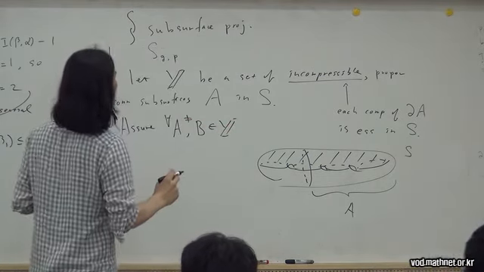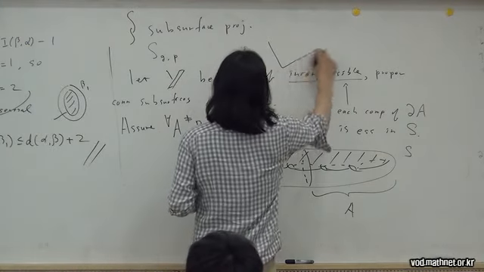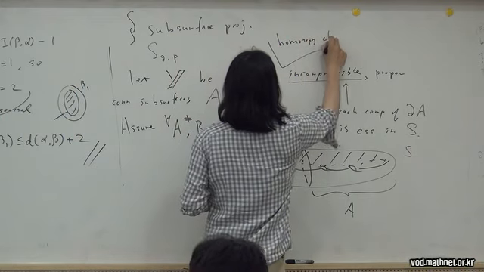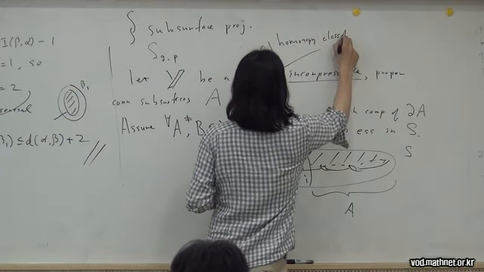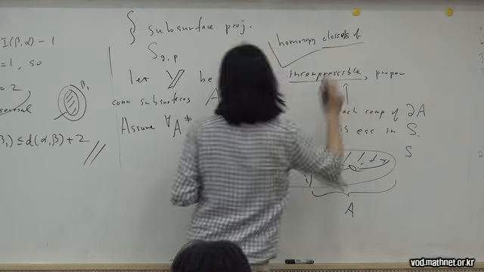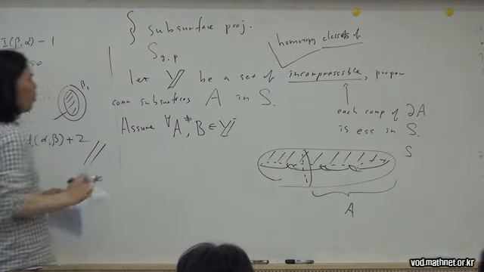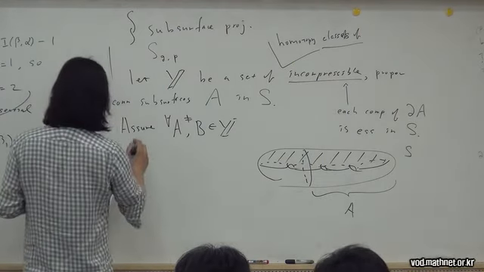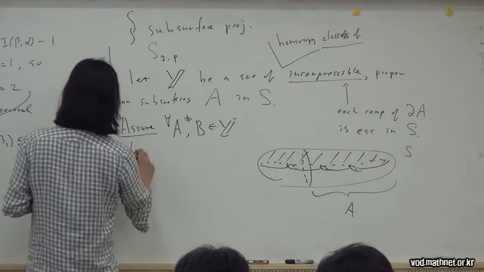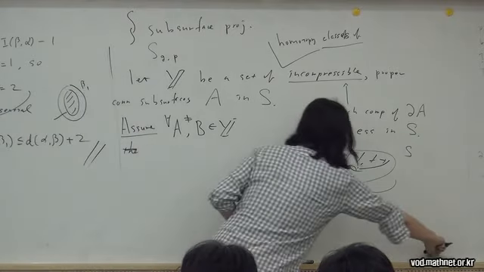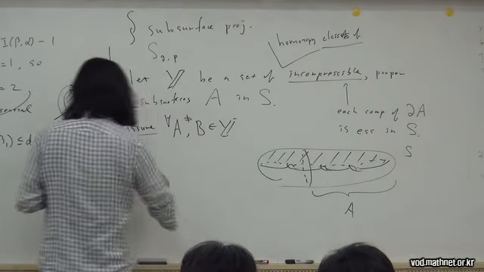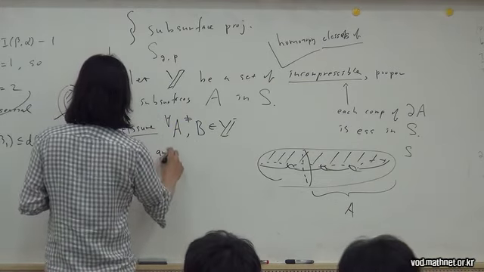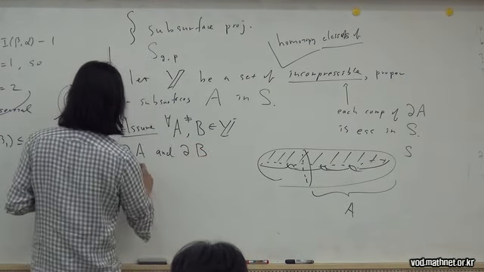Again, I have to say homotopy classes of. Everything has a homotopy. So when I say two are different, it means they are not homotopic to each other. Then it's assumed that for any A and B, the boundary of A and the boundary of B intersect.